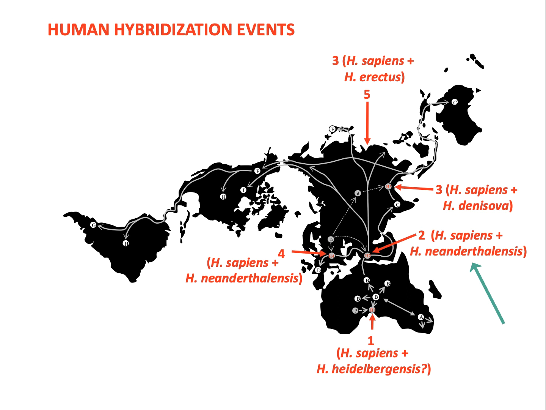Then there was a movement over into the Arabian Peninsula, certainly between Homo sapiens and Neanderthalensis. And then moving over further, another hybridization event with the Denisovians. And then another event over here between Homo sapiens and possibly Homo erectus. And then finally another one between Homo sapiens and Neanderthalensis again in Europe. So, there probably were more than is indicated here.